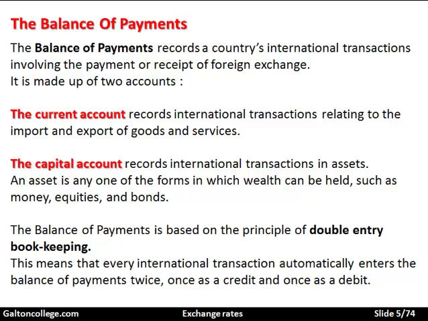This means that every international transaction automatically enters the balance of payments twice, once as a credit and once as a debit. So if I buy an imported car, let's say, or if I'm responsible for the importation of a car, I receive the car. That's recorded in the current account. But then I have to pay for the car.